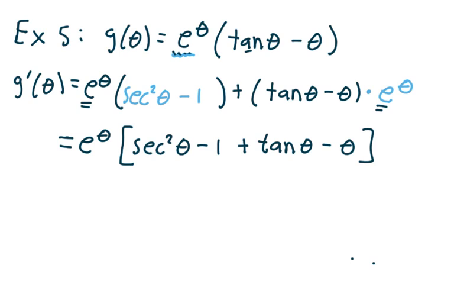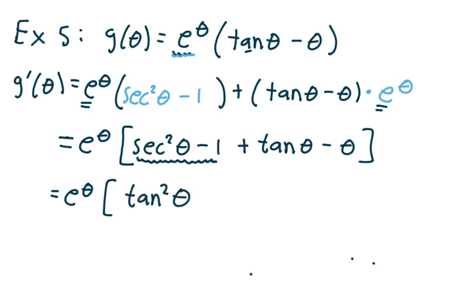But this should look a little familiar to you guys. Secant squared theta minus 1 is tangent squared theta. So I'm going to replace that with tangent squared theta, and then I'm going to add tan theta and subtract theta.